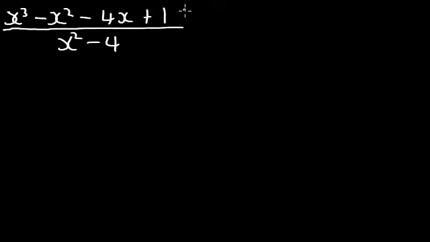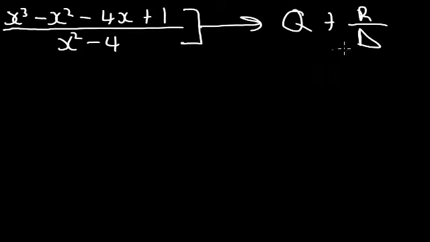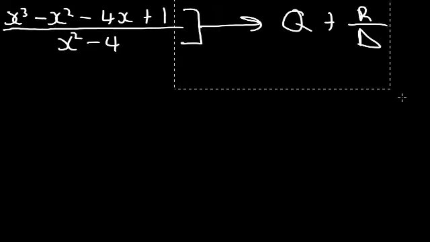First, we need to re-express this whole fraction in the form of the quotient plus the remainder divided by the divisor. The divisor is already given as x squared minus 4. Our main goal is to determine the quotient and the remainder, and to determine this, we need to divide the fraction using the long division process.